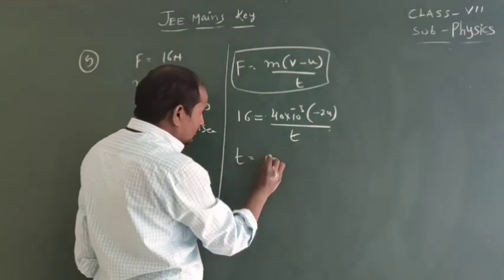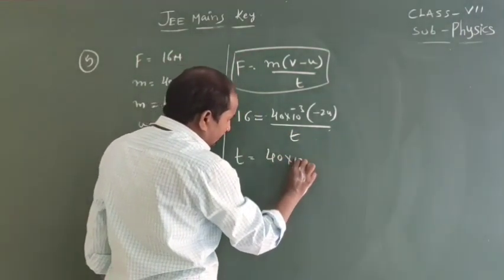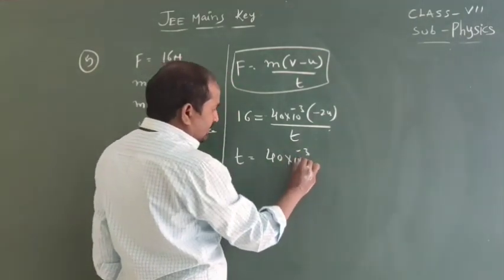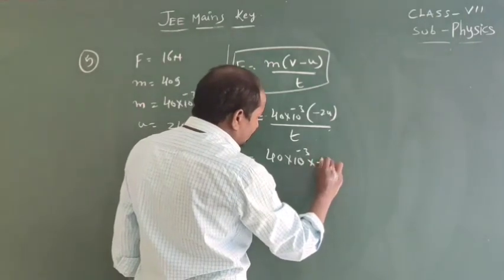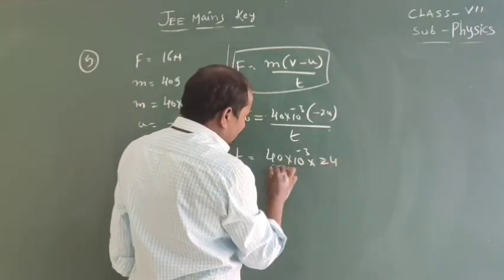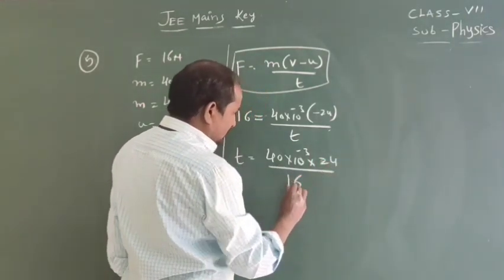Therefore t equals 40 into 10 power minus 3 into 24, by 16. t is always positive, so here I am neglecting the minus sign and writing 24 only.